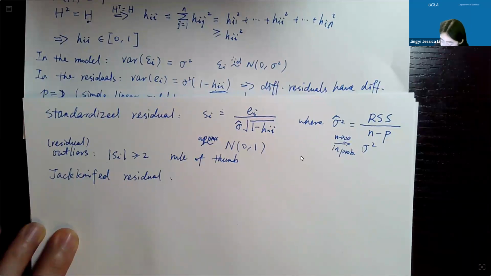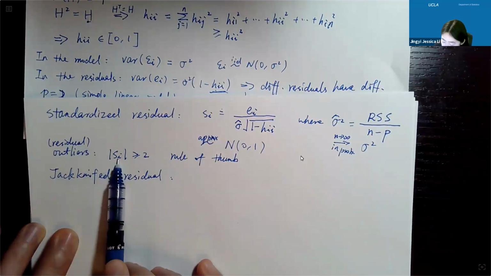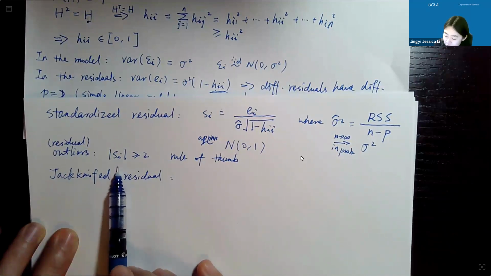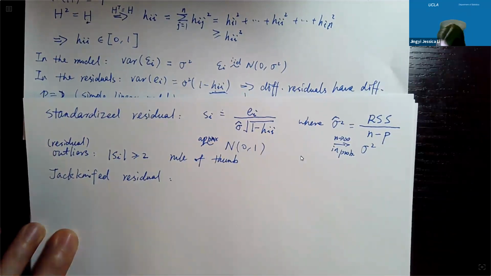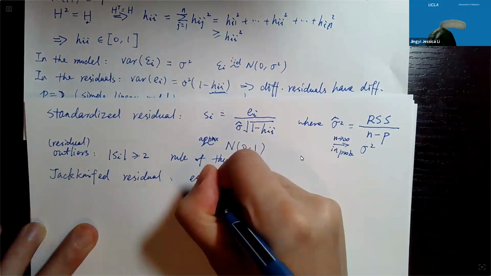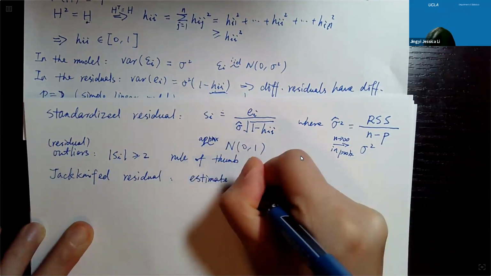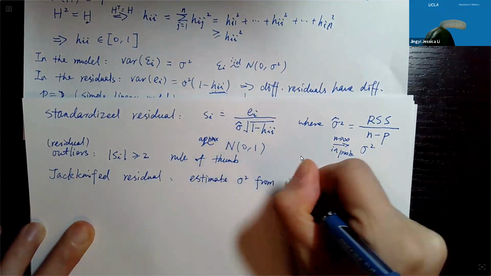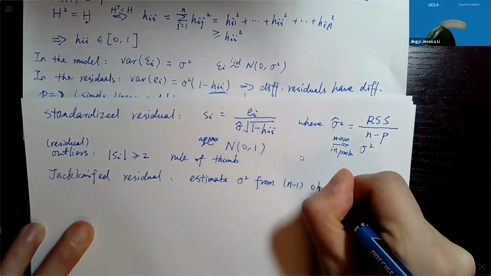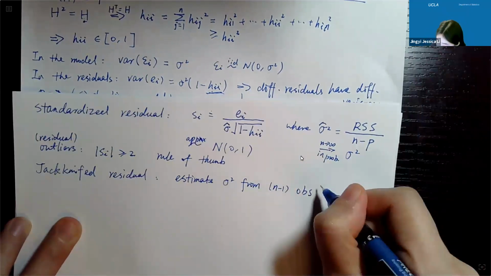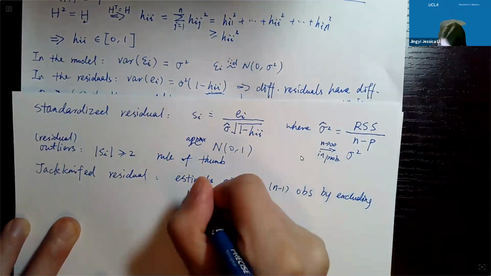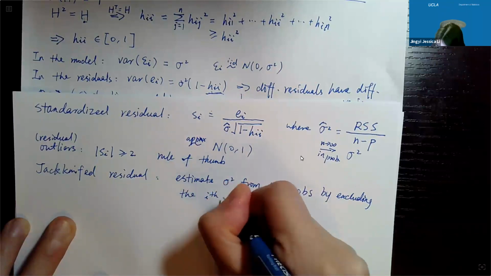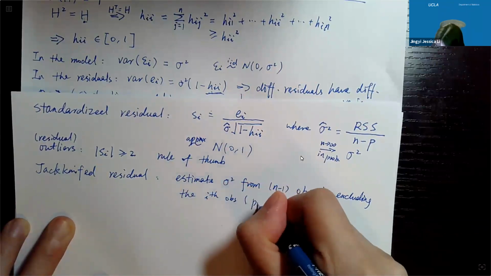So what it does is that if you want to check whether observation i is an outlier, you would not use it to fit a model to obtain sigma hat. That is, estimate sigma square from n-1 observations by excluding the ith observation, which is a potential outlier.